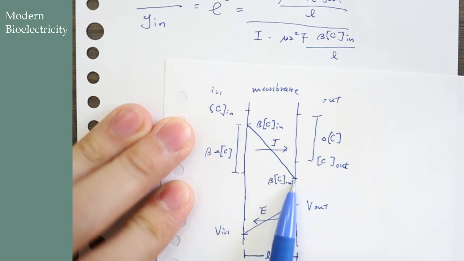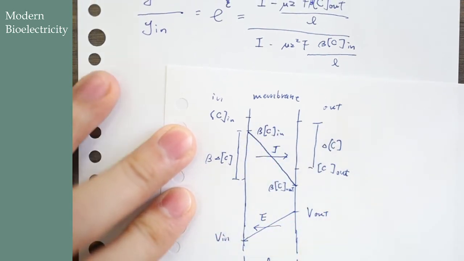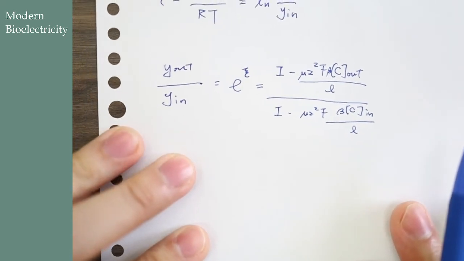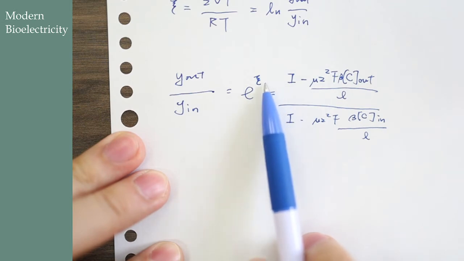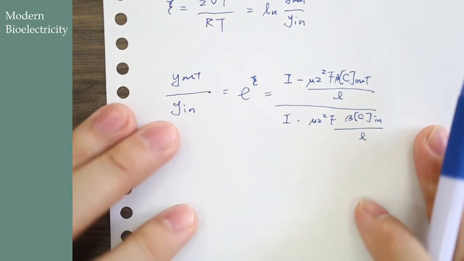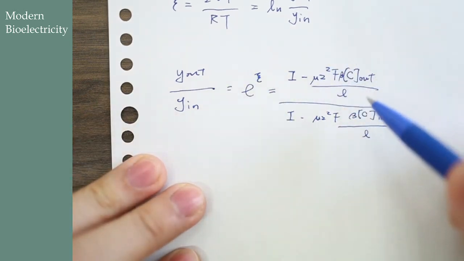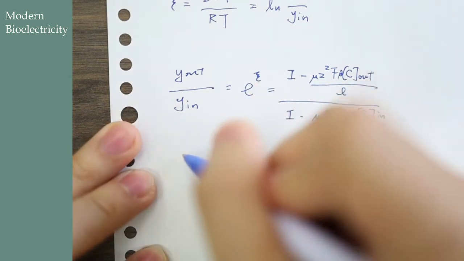So we get Y in divided by Y out is equal to E to C, and these complicated things.